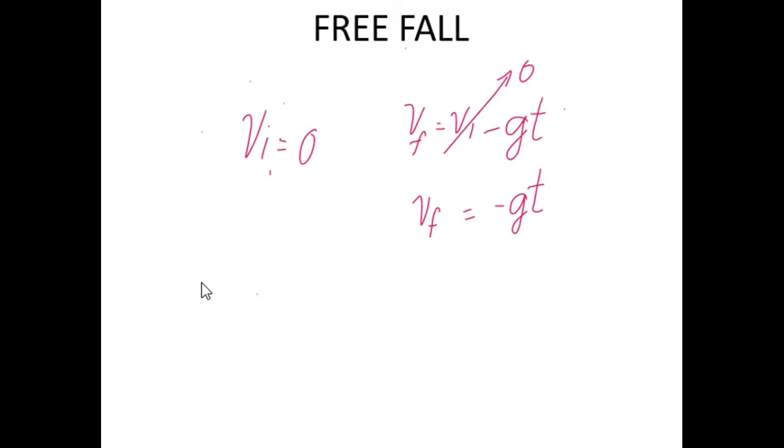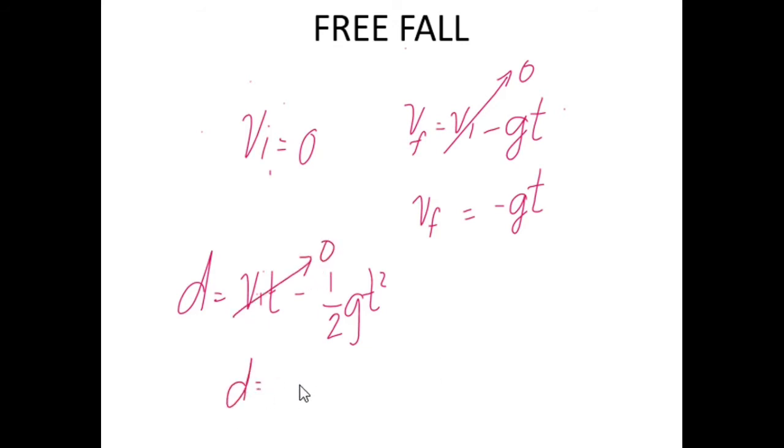Another equation that we have is d equals Vit minus 1/2 gt squared. Since Vi is 0, the distance is just equal to negative 1/2 gt squared if the initial velocity is equal to 0.